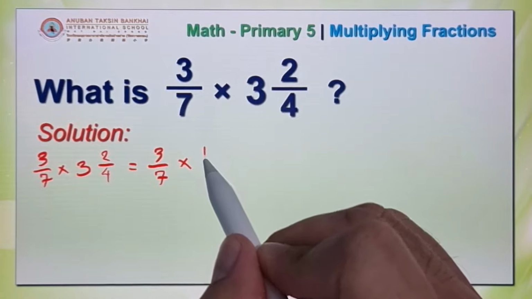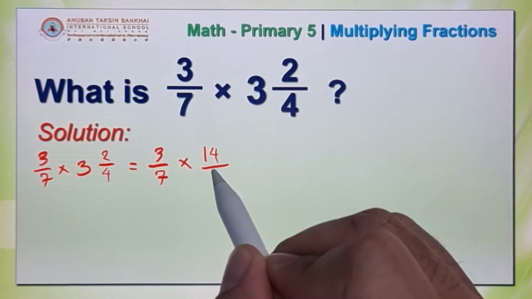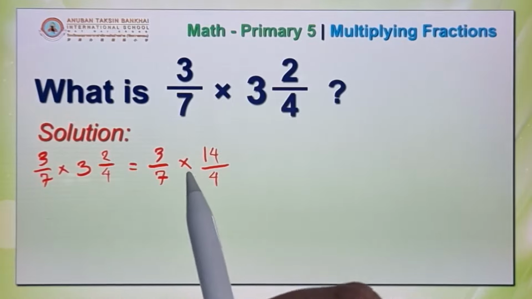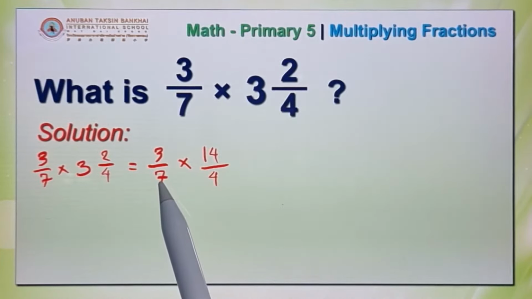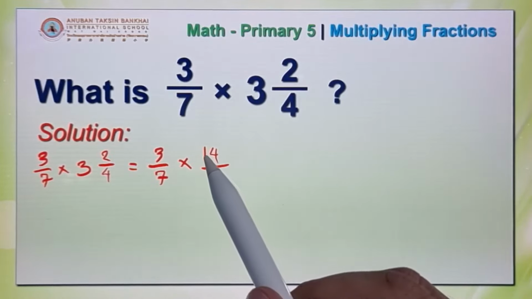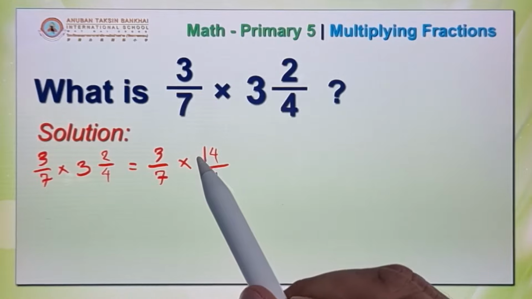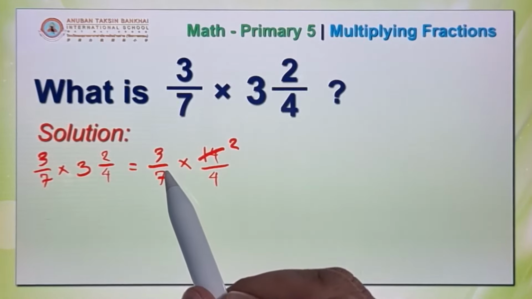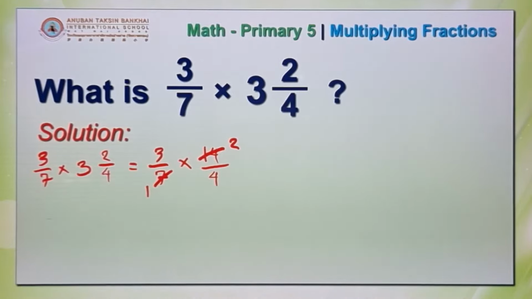So we have here 14 over 4. Now, can we cancel a numerator and a denominator? Yes, we can cancel. So 7 and 14, we can cancel that using 7. So 14 divided by 7, we have 2. 7 divided by 7, we have 1.